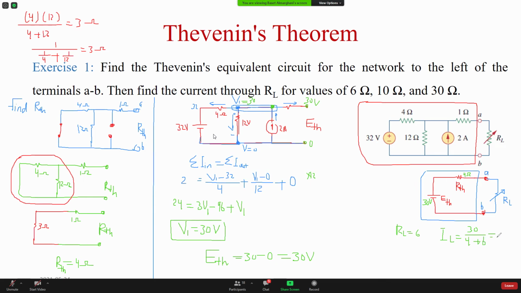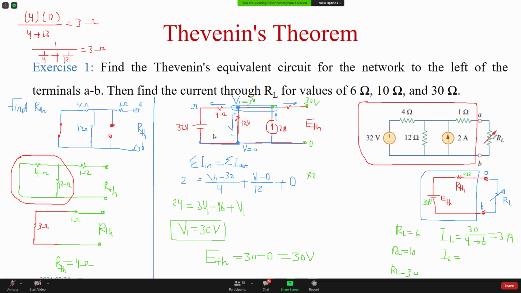So it's 3 ampere. And you can find it when RL equals 10 is the second one. Then when RL equals 30, it's pretty easy here, IL.